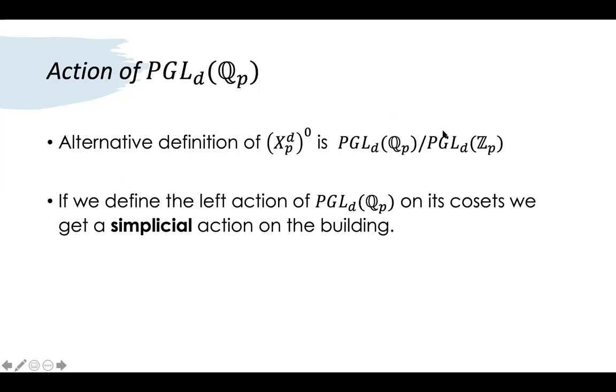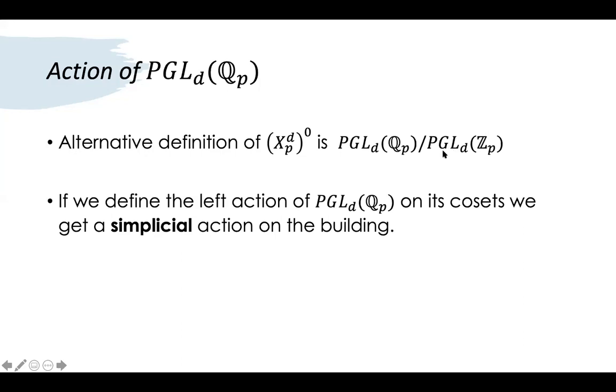Inside this group lives PGL_d(ZP), where ZP are the p-adic integers, not the p-adic field. And you can quotient the invertible matrices with entries from QP by the invertible matrices with entries from ZP, and you will get again the same set of representatives that I gave you before.